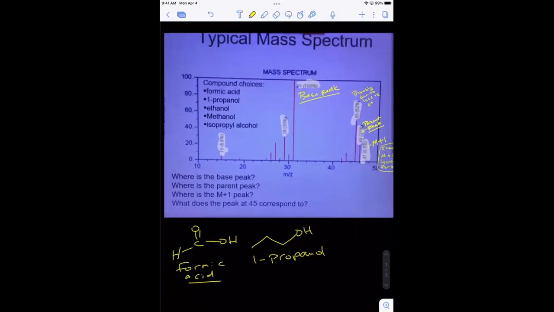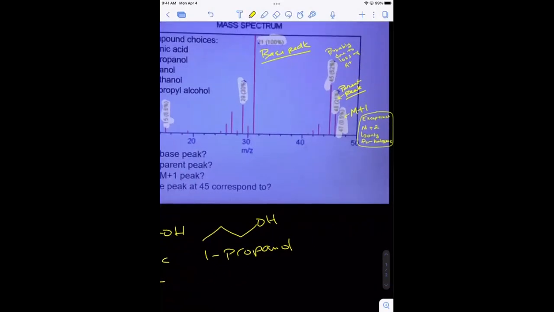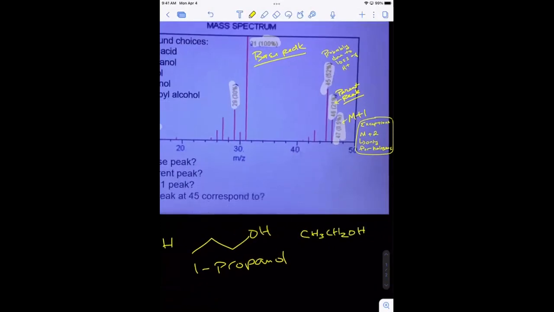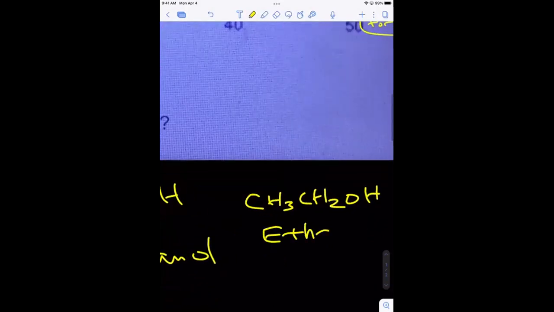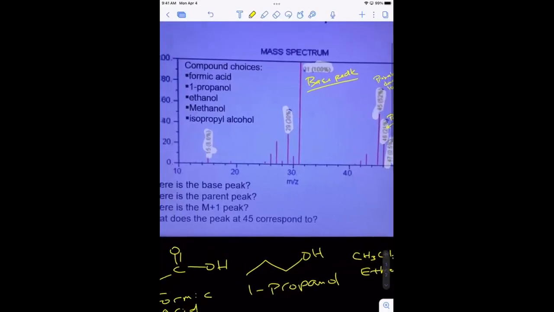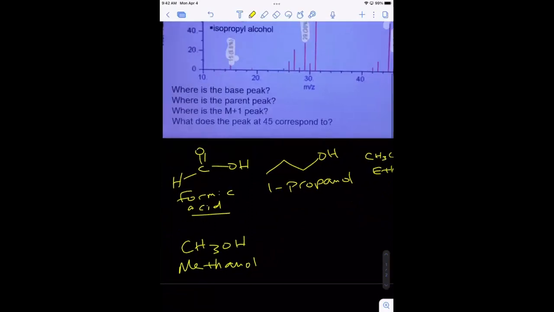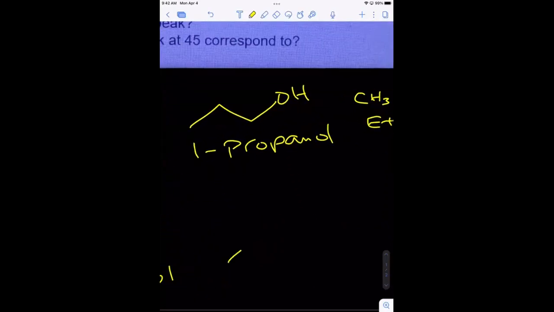Right, we have ethanol. Of course, everybody knows what that is. It's just CH3CH2OH. All right. And then we have methanol, which is CH3OH. And isopropanol, which is here. It's just an isomer of 1-propanol. The OH is just in a different spot.